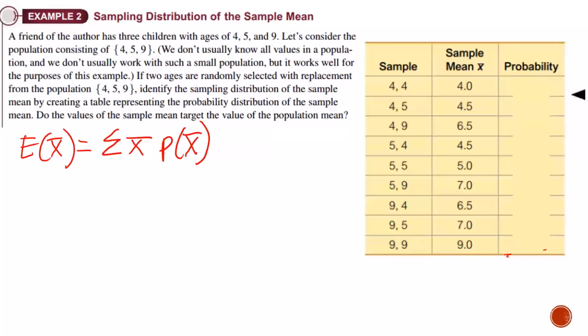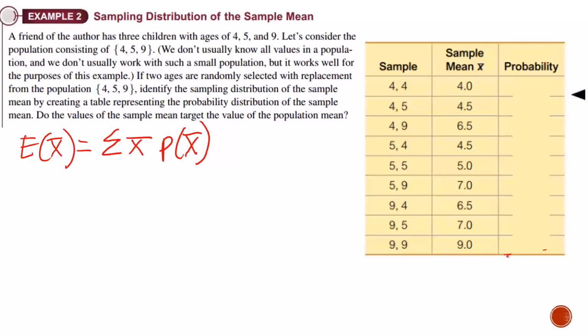Are any of these samples more likely than any of the other ones? Are we more likely to choose the 5-year-old than the 4-year-old, or the 9-year-old than the 4-year-old? Is any of these samples going to come up more often? No. Each of these is equally likely.